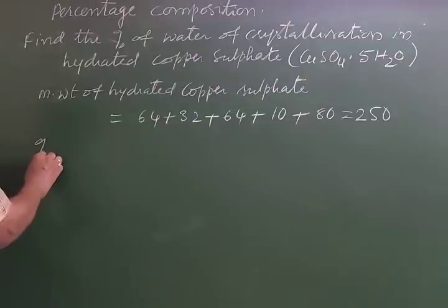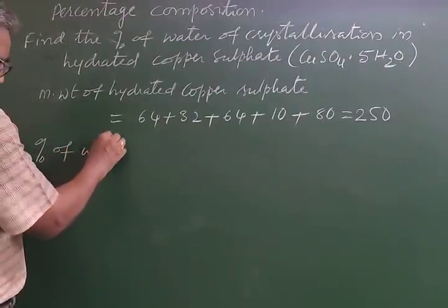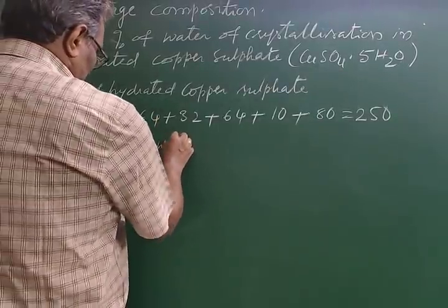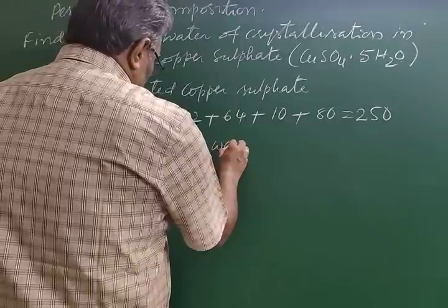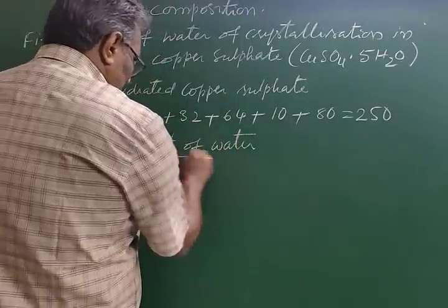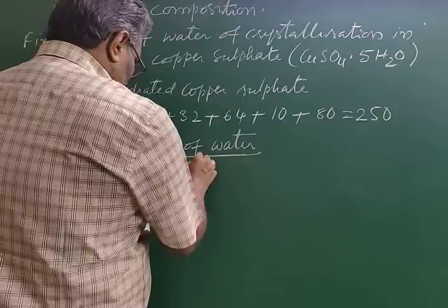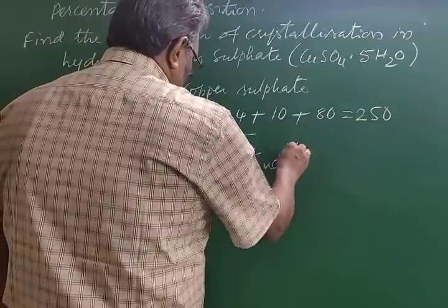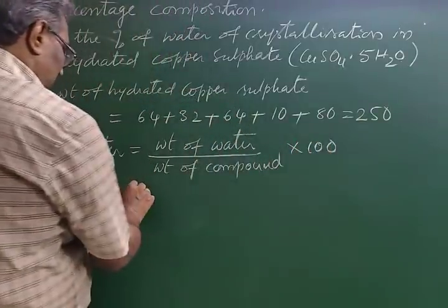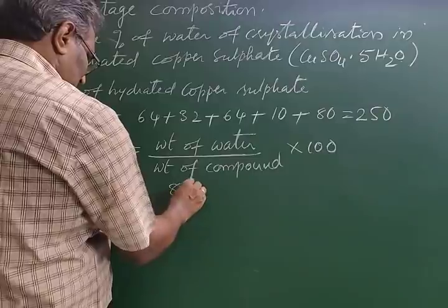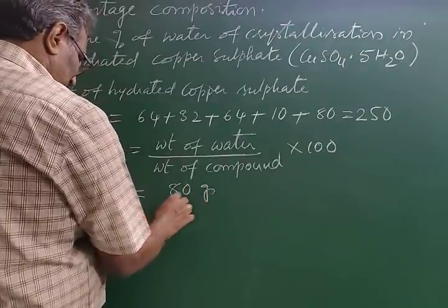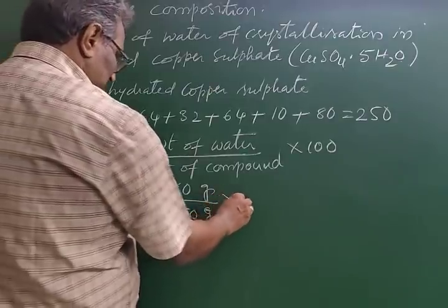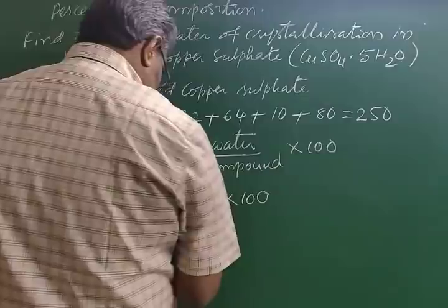So percentage of water is equal to weight of water by weight of compound into 100. Weight of water is 90 grams, by total weight of compound 250 grams, into 100.